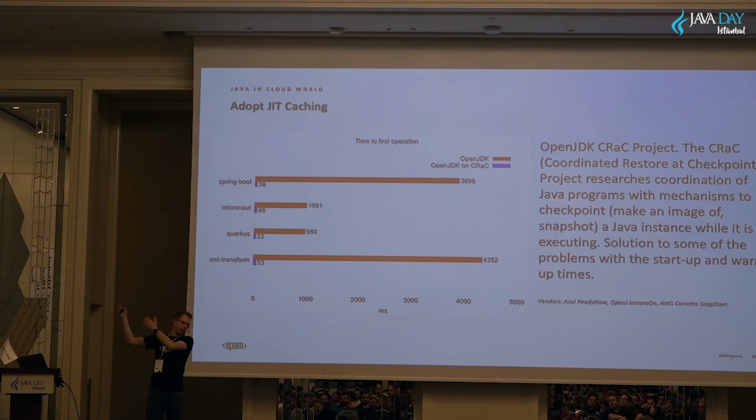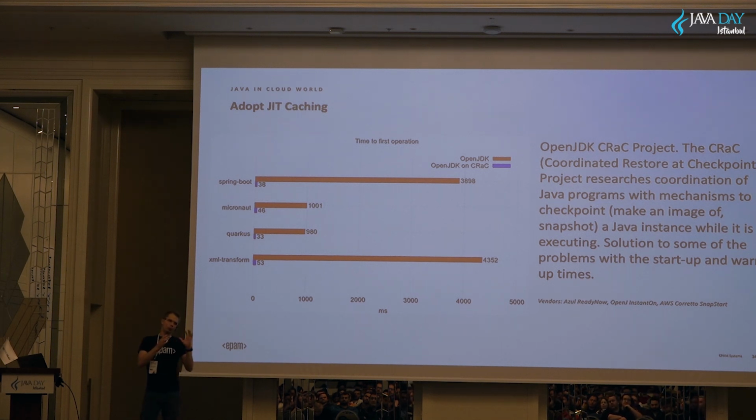We can go to the cloud and take this warmed-up instance and use it. That's why we have this very fast time of first operation. And this is very cool.